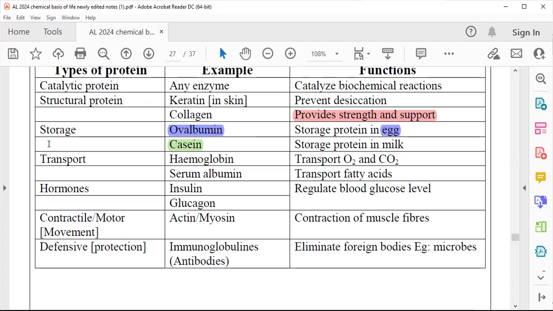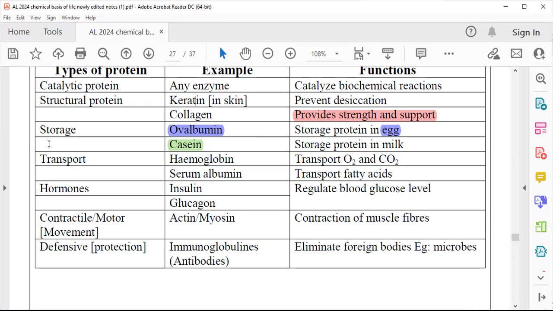Together, they will maintain the blood glucose level. What are the movement proteins or motor proteins? Actin and myosin. They help in the contraction of muscle fibers. Because muscle fibers contract, we are able to move our body organs.